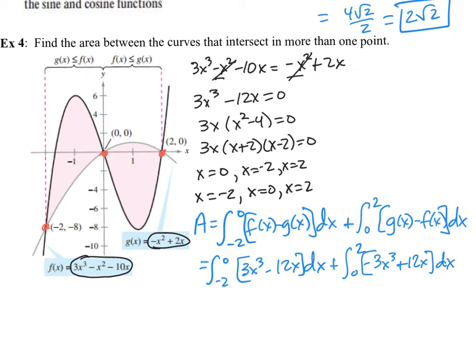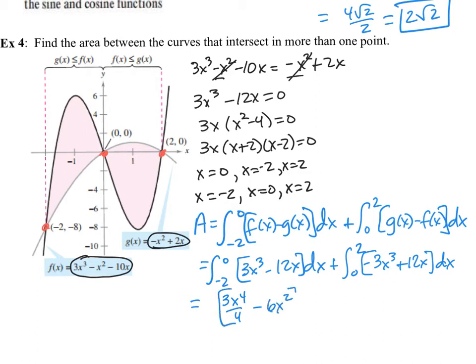All right, so now let's find both antiderivatives. So the first antiderivative, this would be 3x to the fourth over 4 minus 12x squared over 2, which gives us 6x squared.